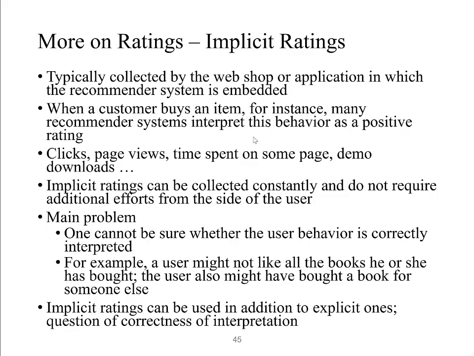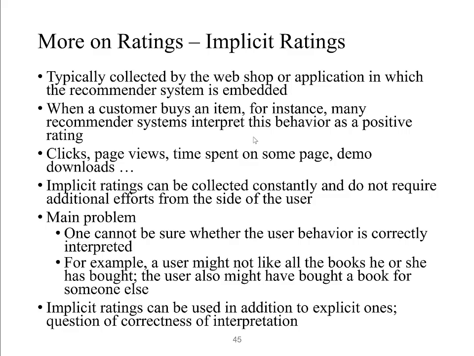For example, a user might not like all the books he or she has bought, or the user might have bought the book for someone else. So in this case, the ratings based on user behavior are not correctly interpreted.